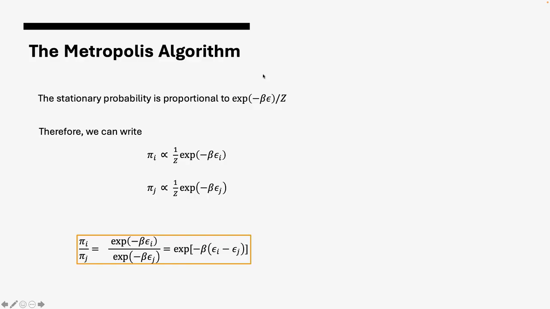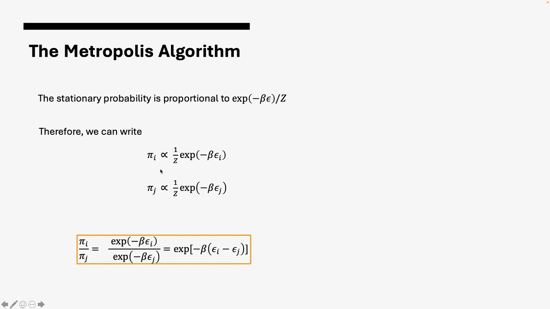This stationary probability is always proportional to the exponential of minus beta times the energy of the energy state over the partition function.